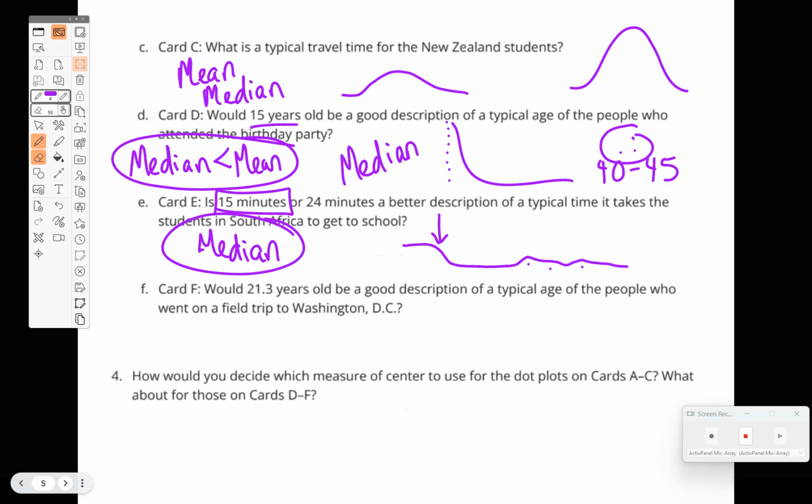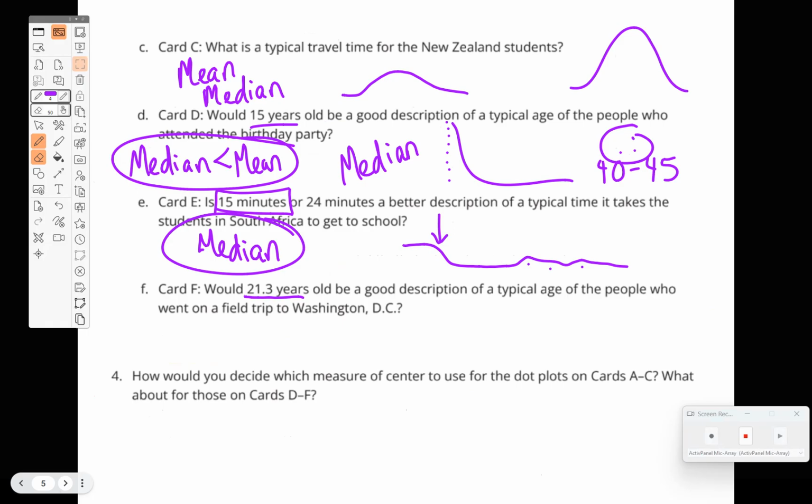Let's look at card F. This one cracks me up. Ages of 40 people on a field trip to Washington, D.C. 60 years old. Would 21 and 3/10 years old be a good description of the people who went on this trip? Maybe. Yeah. Probably. I mean, it's around 20, and 20 is what part of your highest frequency?